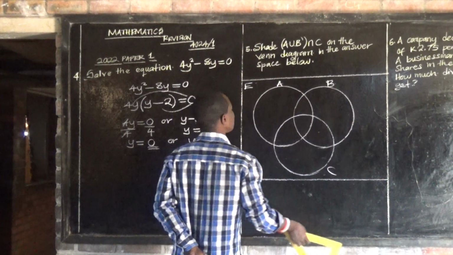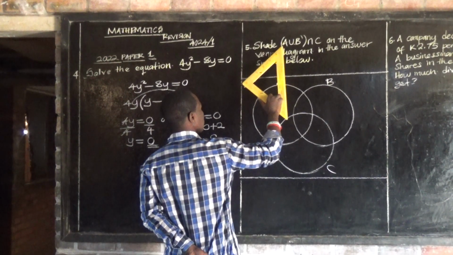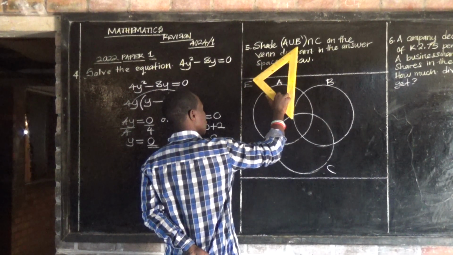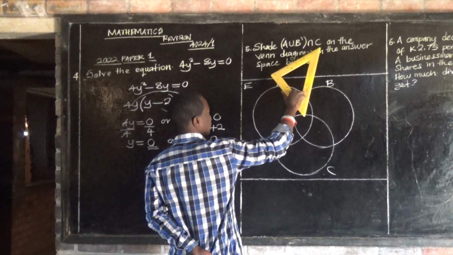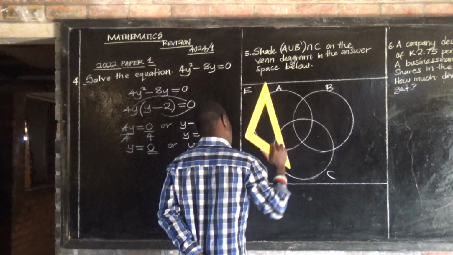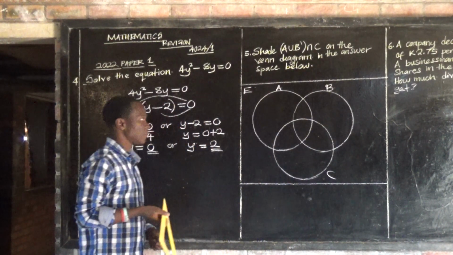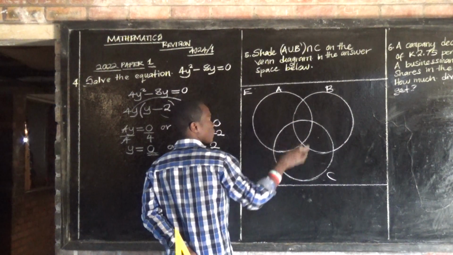Let us look at question number 5, people. So question number 5, it's saying shade A union B complement intersection C on the Venn diagram in the answer space below. Okay, so what we are going to do is, let's put some letters, some elements, in these sets.